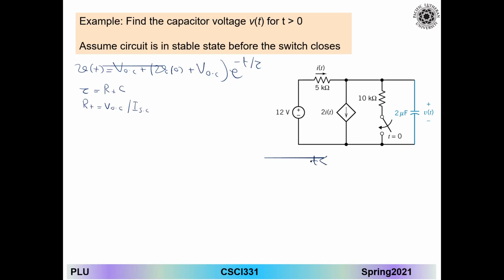For t less than 0, what do we have in that case? I start with the initial condition, then I let you finish the second part. For t less than 0, the switch is supposed to be open, right? So basically we have a 12 volt source, the resistors, and a current source.